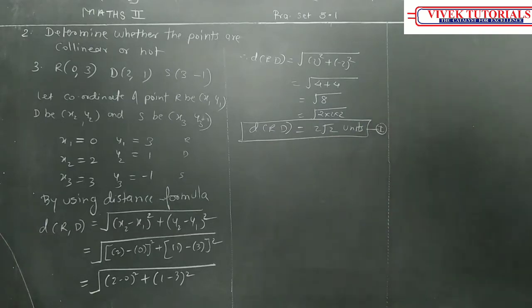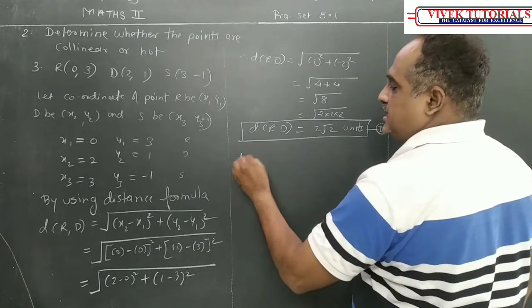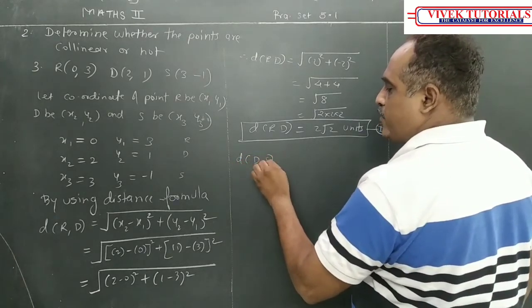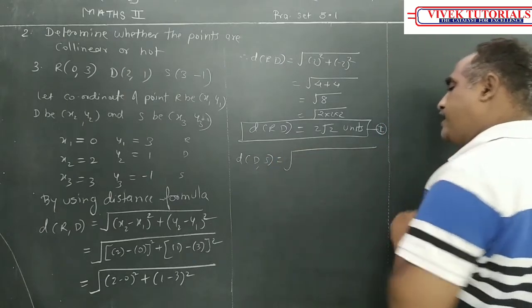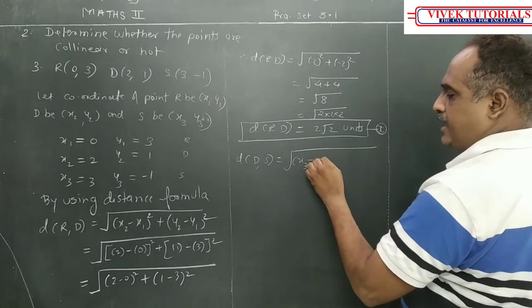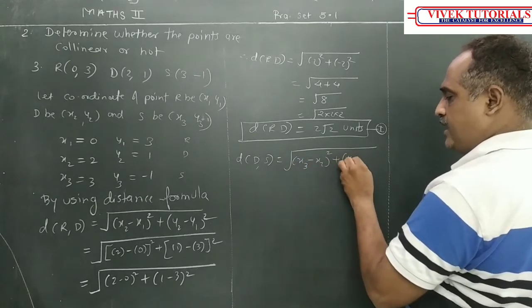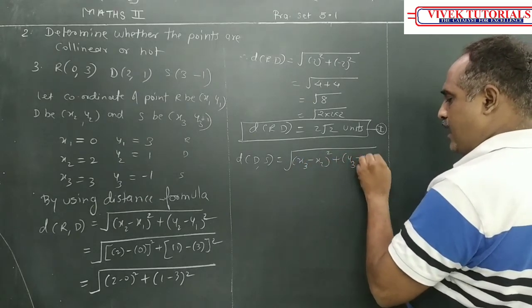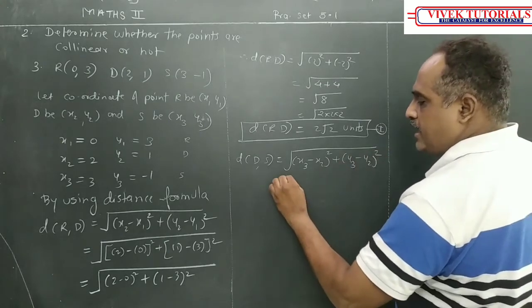And we got the value of distance RD. Now, distance DS we are going to find out. It is the square root of (x3 minus x2) the whole square plus (y3 minus y2) the whole square.